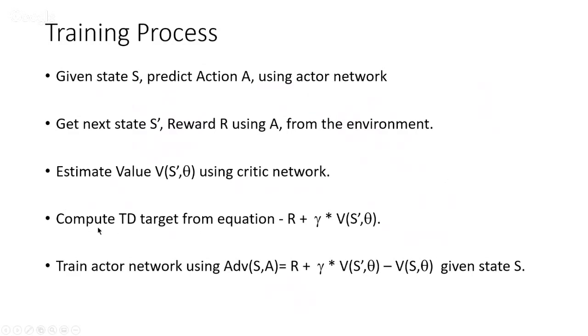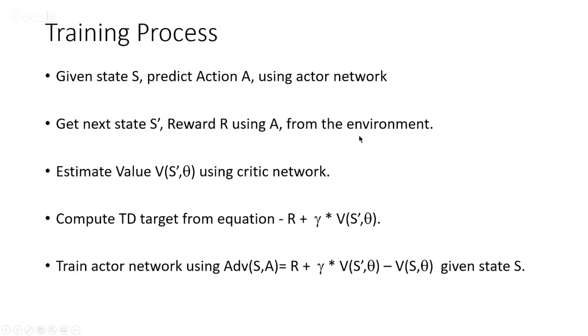Now we first have to compute the TD target such that we can compare the TD target with the actual state value, and then train our networks. So in order to generate a TD target, we need to compute the state value for the next state, right? So that's what we'll do first.